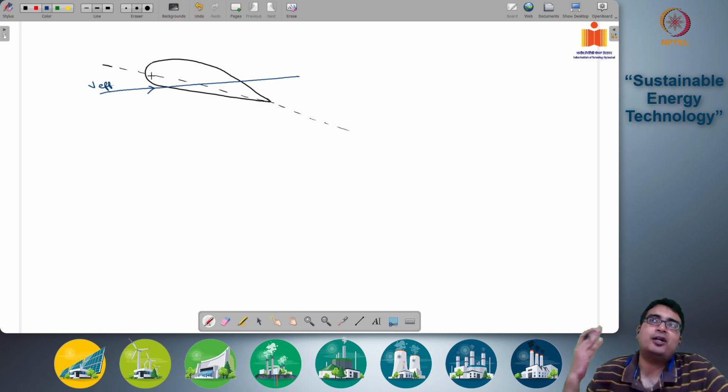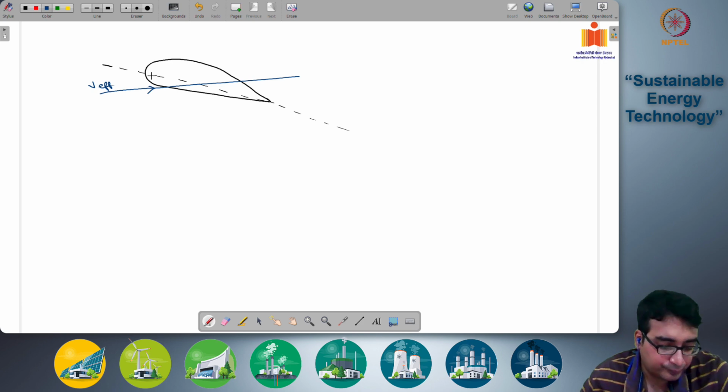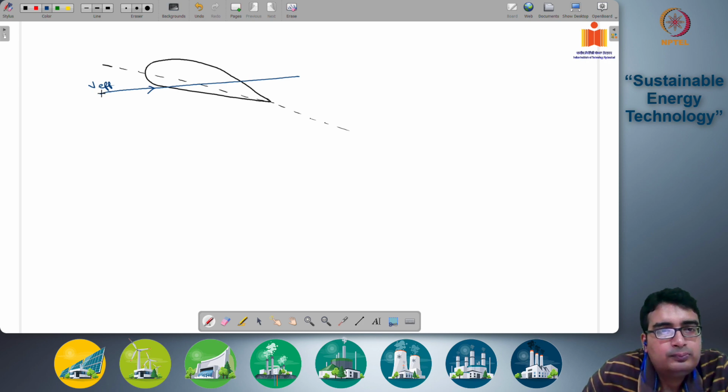Remember, the blade for a turbine is actually rotating. Okay. So what is the velocity of wind with respect to the blade itself? That is your effective velocity. So this is your effective velocity.